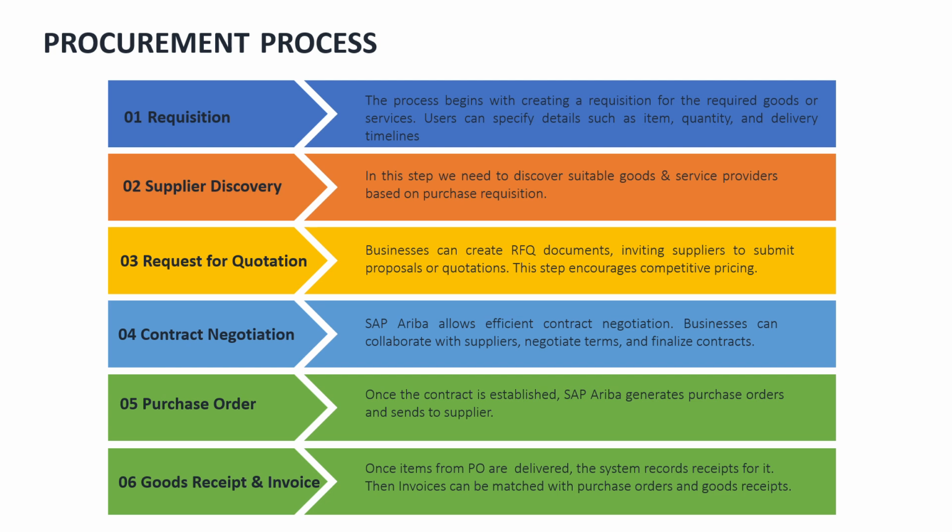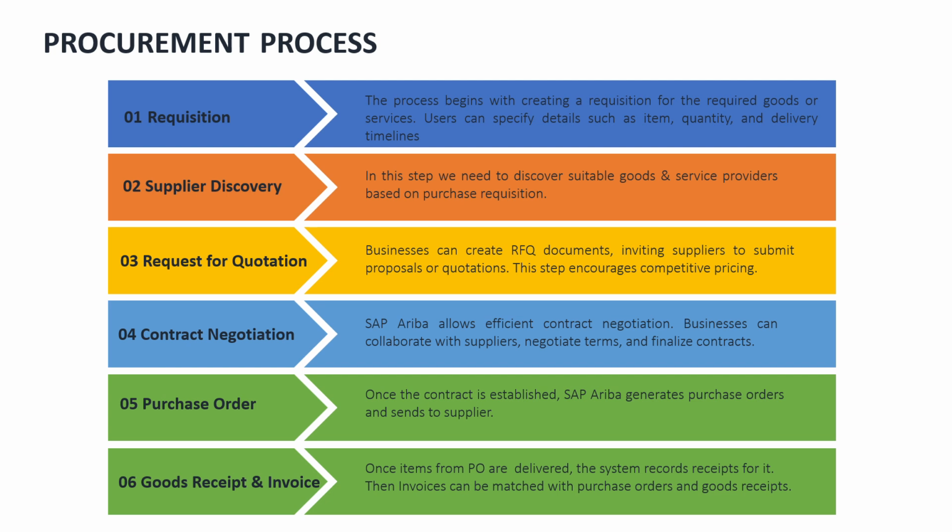Okay, and once the contract is finalized, then we have to move for the purchase order. In purchase order, SAP Ariba generates purchase orders and sends them to the supplier. And then the last step is goods receipt and invoices.